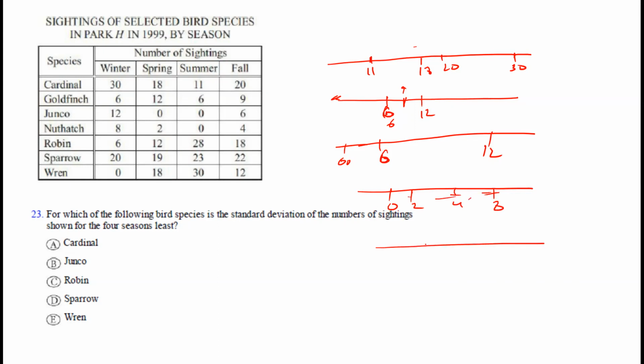Then for robin, it's 6, 12, 18, and 28. And for sparrow, it's 19, 20, 22, and 23. Again, if you look, the deviation is not that much. So 19 to 20 is 1, 20 to 22 is 2, 22 to 23 is 1. So either it would be sparrow or goldfinch.